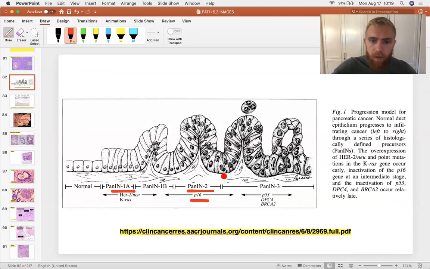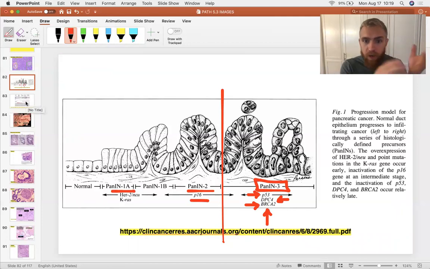And then the transition from Panin 2 to Panin 3 is characterized by the acquisition of a P53 mutation, a DPC4 mutation, or a BRCA2 mutation. And you are not going to see these mutations unless it's a Panin 3 or full-blown ductal adenocarcinoma. So, because we know the sequence and the steps and the genes, do you think you're going to get a question about this somehow, some way?